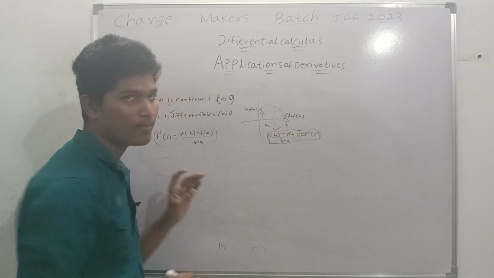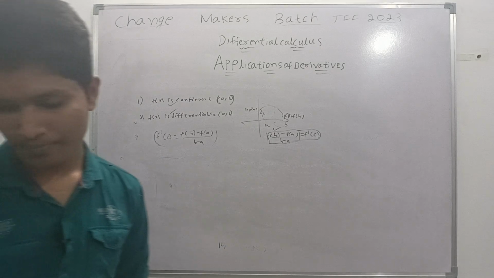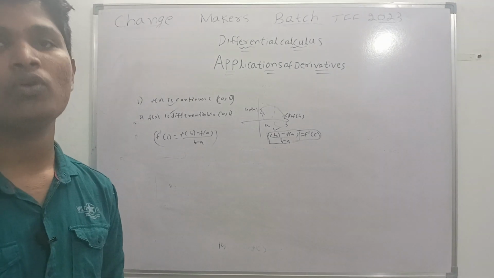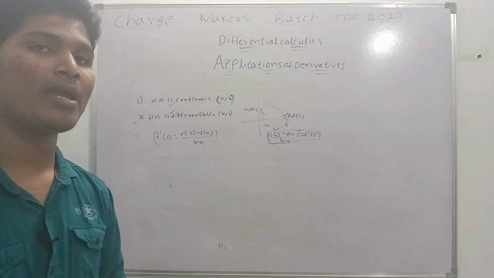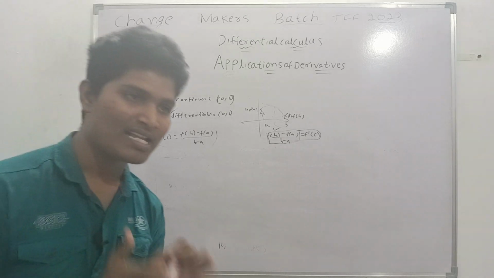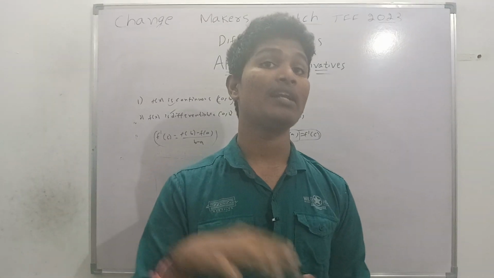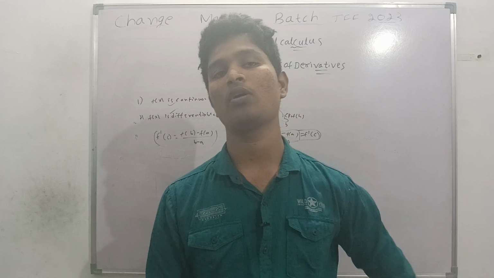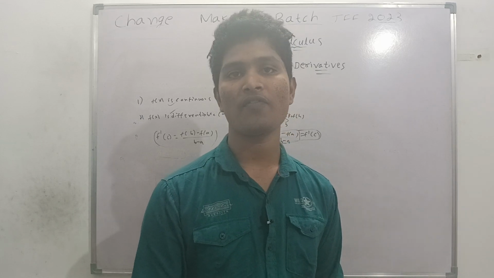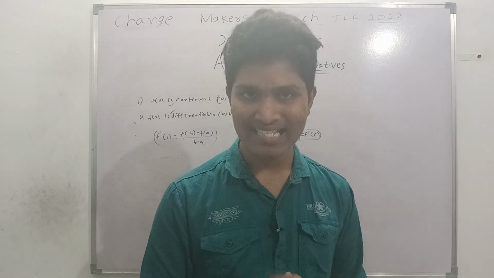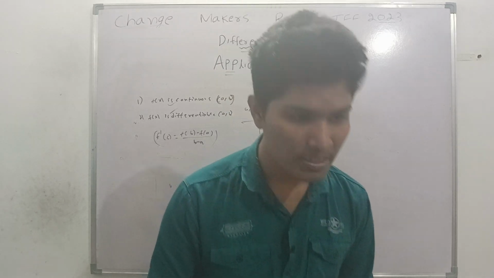This is the main condition for Lagrange's mean value theorem. You have to understand: f dash c equal to f of b minus f of a divided by b minus a. What about Rolle's theorem? In Rolle's theorem, f of a equal to f of b is the condition, and f dash c equal to 0 there. It is very important.